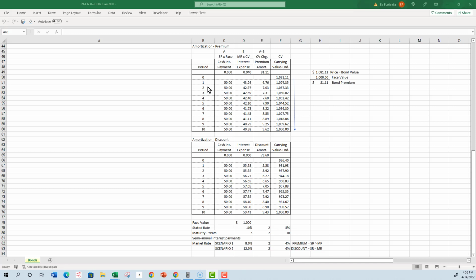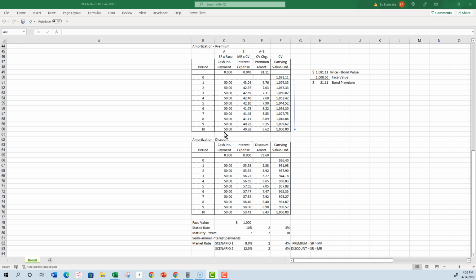The cash interest payment column represents the stated rate multiplied by the face value of the bond. For our problem, it's 5% times $1,000, or $50. So it'd be $50 each and every period for the entire 10 periods. That's why we call it an annuity.